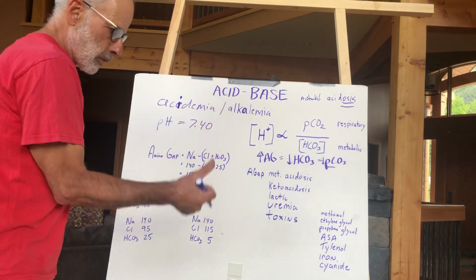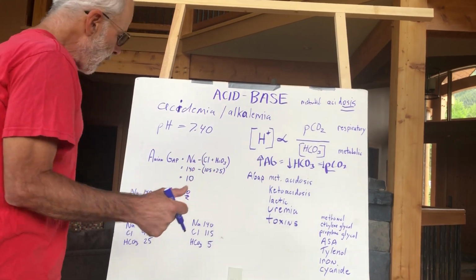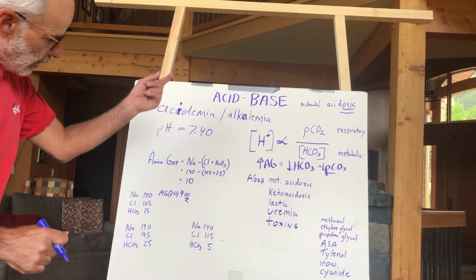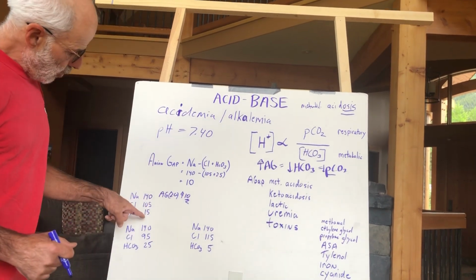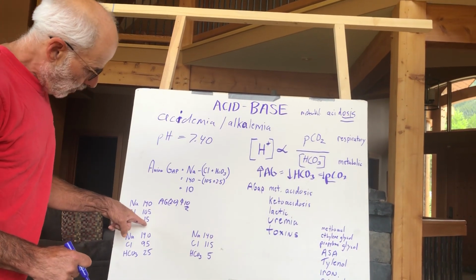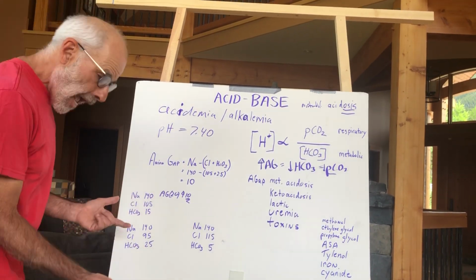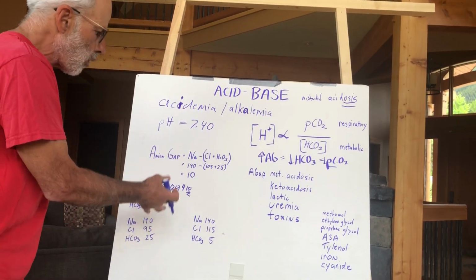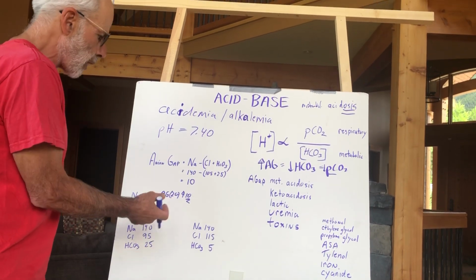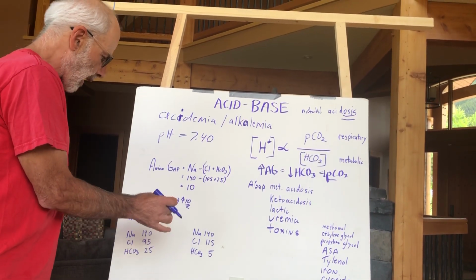So you can put that down as your first diagnosis. Now, in this case, the increase in the anion gap, which is 10, is equal to the decrease in the bicarb, which has gone from 25 to 15, which it has, so you would say this is a simple anion gap metabolic acidosis.